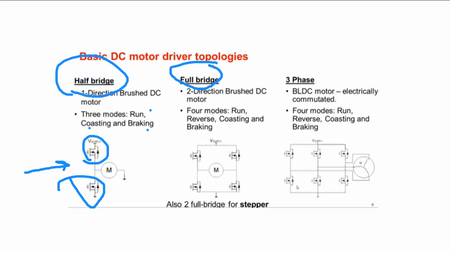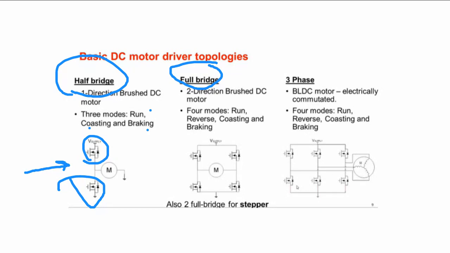But I have seen confusion between a half bridge, which starts with the letter H, and the full bridge, which is sometimes called an H bridge. Don't confuse it. H bridge means that full bridge. Half bridge is a very simple circuit, so I will stick to the half bridge and full bridge nomenclature.